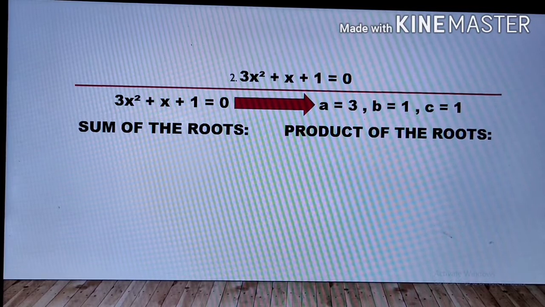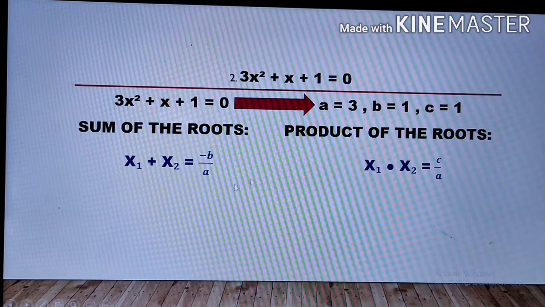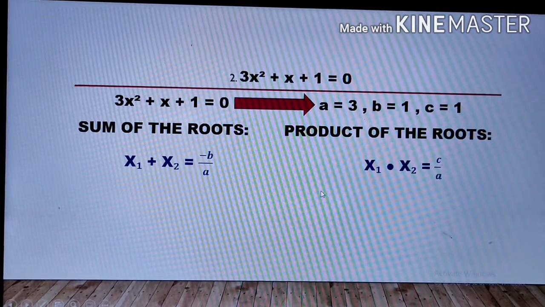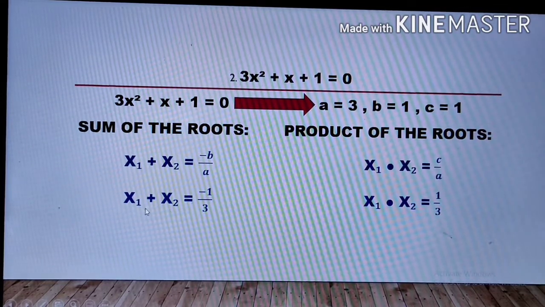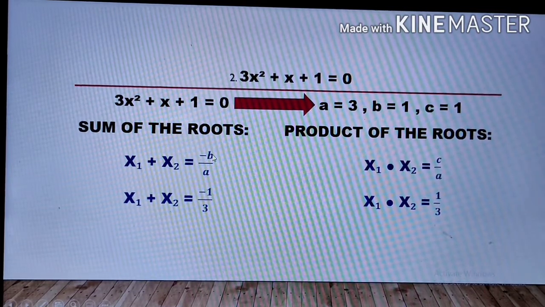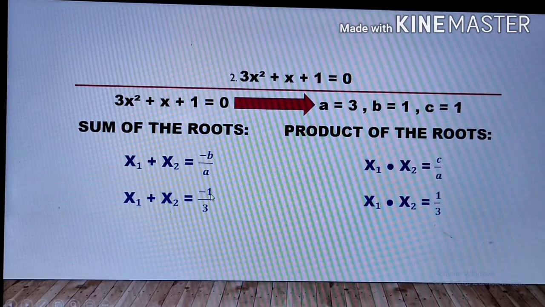Next, we are going to find the sum of the roots and product of the roots. The formula, x sub 1 plus x sub 2 is equal to negative b over a. Then the product x sub 1 times x sub 2 is equal to c over a. So next, substitute lang the values. x sub 1 plus x sub 2 is equal to, copy lang negative, then our b is 1. Lagyan mo ng parenthesis kasi positive naman yung sign ng 1. The negative times positive is negative. So negative 1. Then our a is 3.